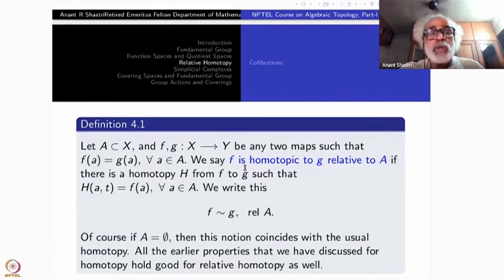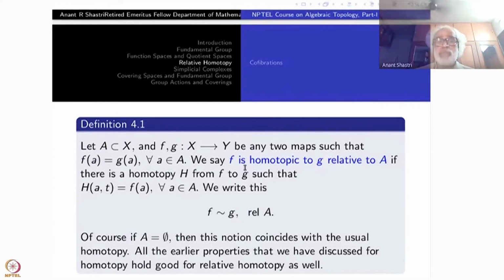So the relative homotopy is a perfect generalization of the older concepts. All the properties and deductions that we have done for older things are not lost by this new definition. You don't have to recheck them again. This is one important thing.